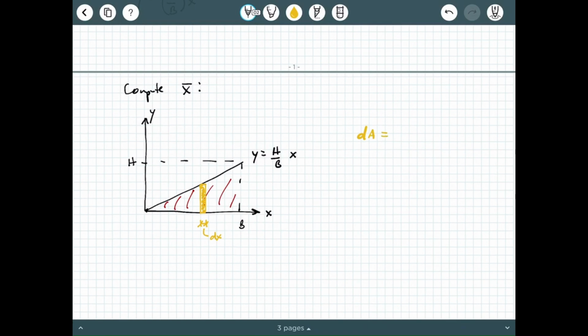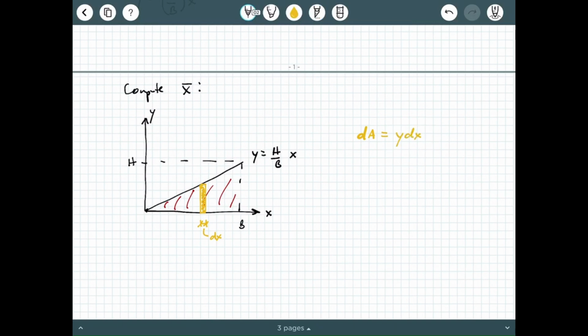So to get dA, if this is a little infinitesimal rectangle, we need dx times whatever this height is. If you just look at it, the height of a rectangle here, even if we drew the rectangle over here, is equal to just the function itself.